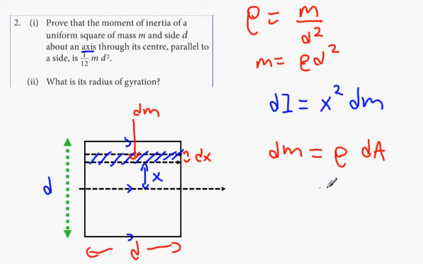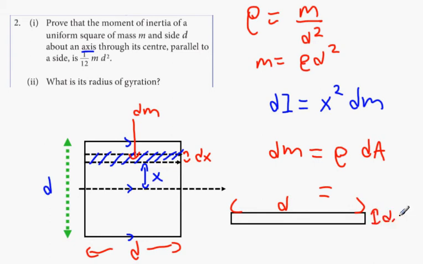So what is the area of this little rectangle? If I was to draw this out, it's D wide and it's dx long. So the area is D dx, D multiplied by dx.